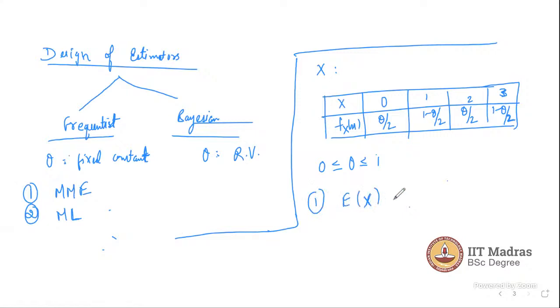From the given distribution: 0 times theta by 2 is 0, plus 1 times 1 minus theta by 2, plus 2 times theta by 2, plus 3 times 1 minus theta by 2.